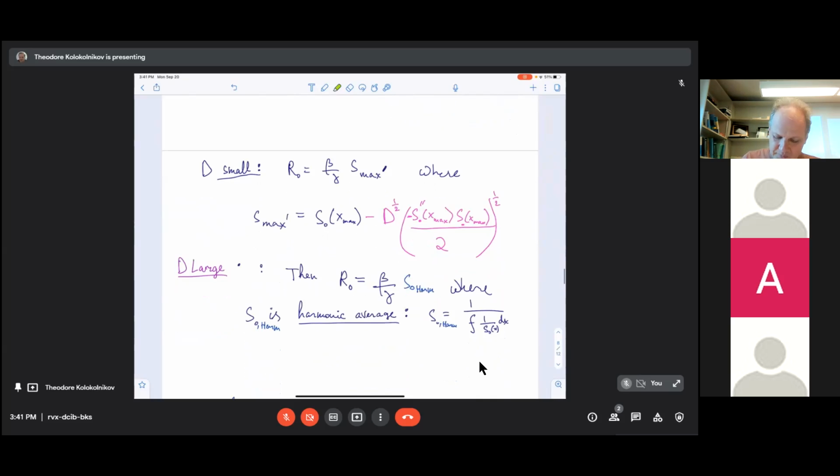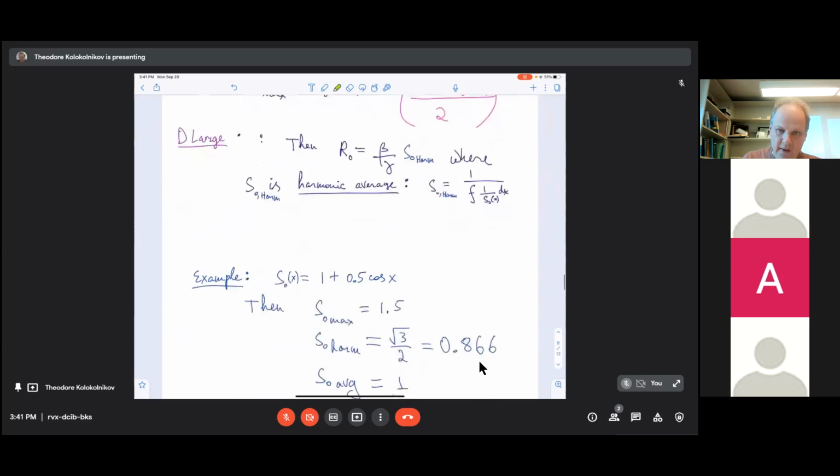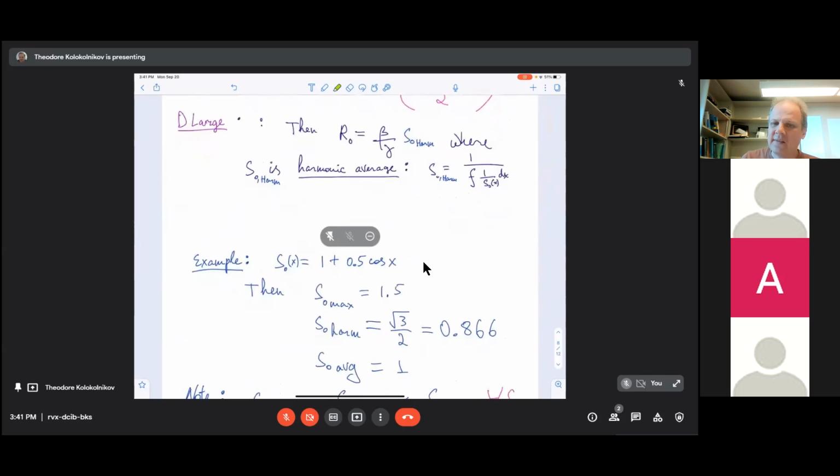So for example, if I have a function like this, then the maximum is 1.5. The harmonic average is 0.866. So the maximum is what we need for d equal to 0 or small. This limit is d going to infinity, a very large d.